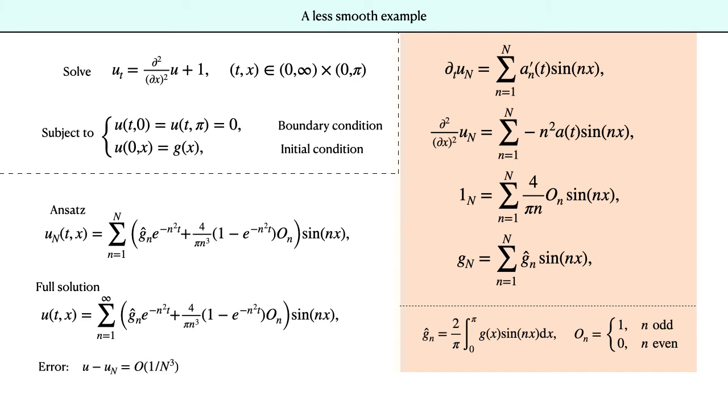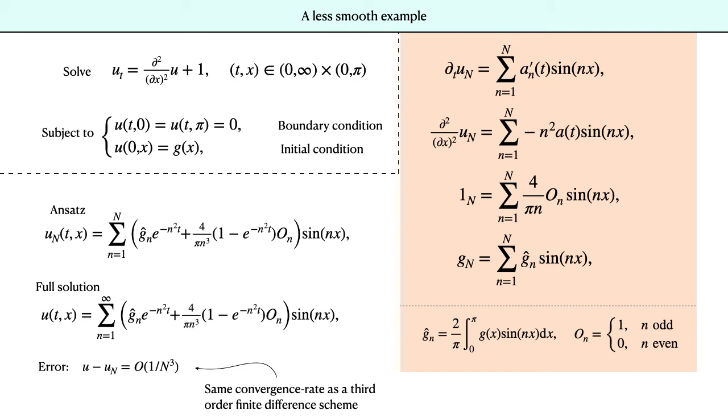And now the error goes like 1 over capital M cubed, which is precisely due to the term that was mentioned previously, 4 over pi n cubed. So this convergence rate is what you would expect from a finite difference scheme. So it's not good, not at all as fast as the previous example was, which was faster than any algebraic decay.